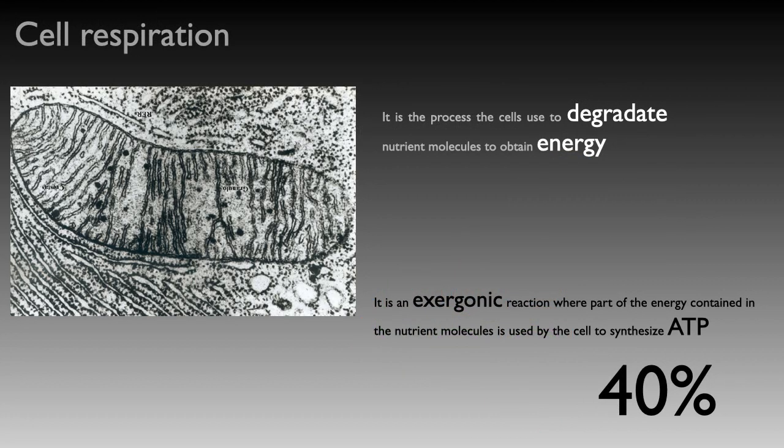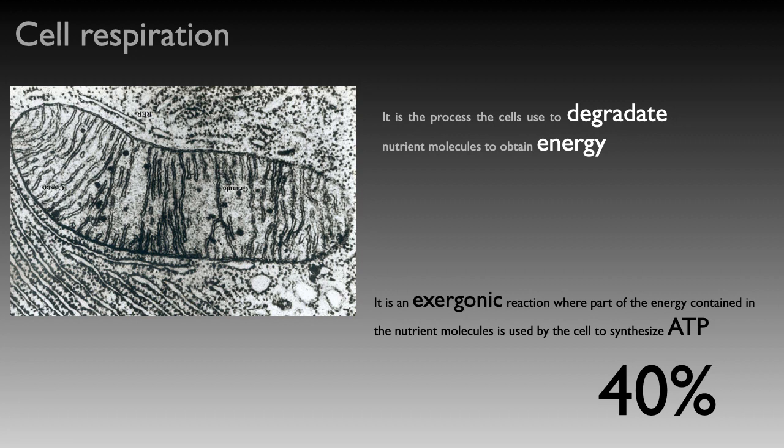Alright, so all the process we were talking about with glucose is called degradation or catabolism of glucose to obtain energy. The reactions involved here are exergonic, and that means that they release energy.